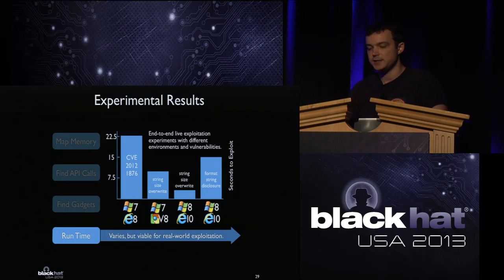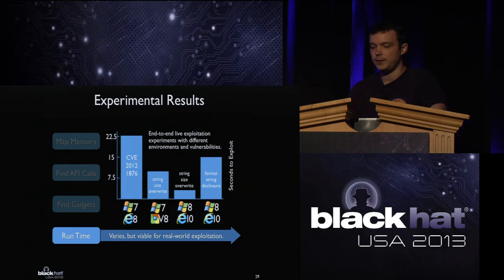Next, we do the same exploit, but instead of Windows 7 and IE, we do Windows 8 and IE10. Again, this is an artificial exploit that we injected that is basically that same string overwrite vulnerability. And so we found just running in IE10 with its improved JavaScript engine, one of the biggest things that improved the performance here in terms of the differences in the JavaScript engine is the use of typed arrays in JavaScript. So with this exploit, we were able to run the entire process in just a few seconds, which is great.